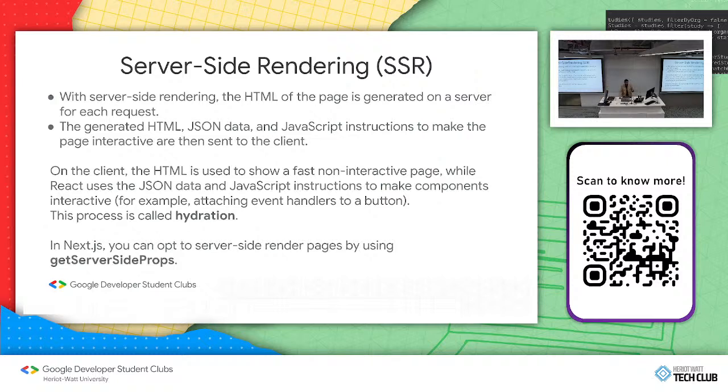So in Next.js, you can opt into server-side rendering by using a function called server-side props. It is basically a default function that you can define in any Next.js component, which tells Next.js that you want to render something on the server before sending it as HTML. We'll look more into this in the later sessions when we actually start building the web application.